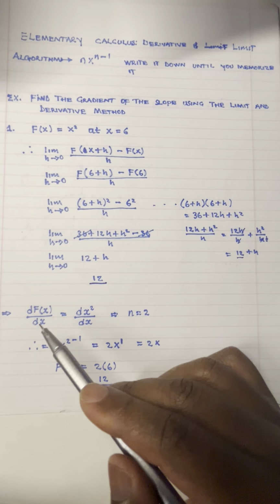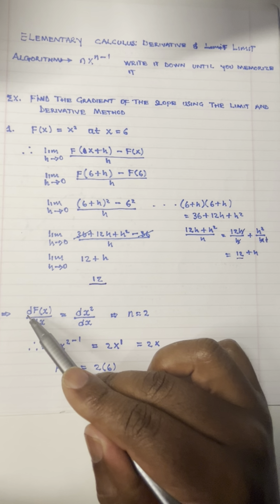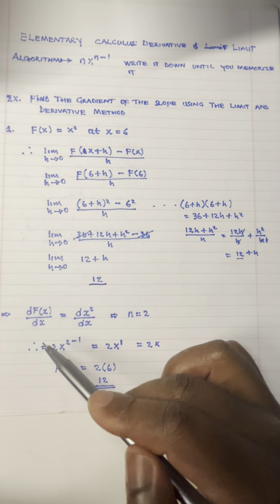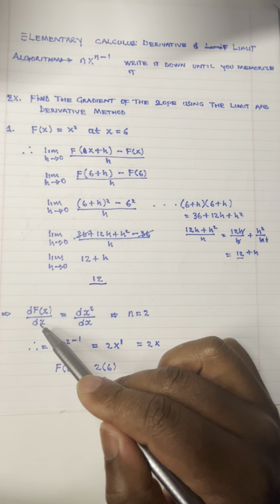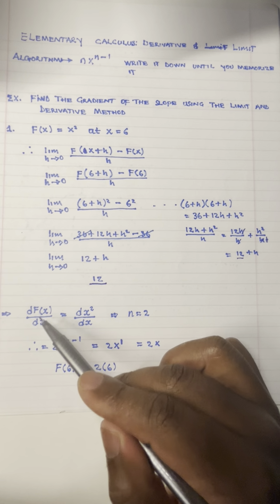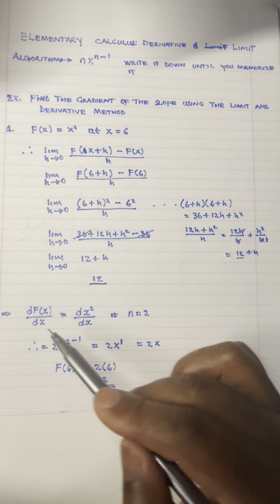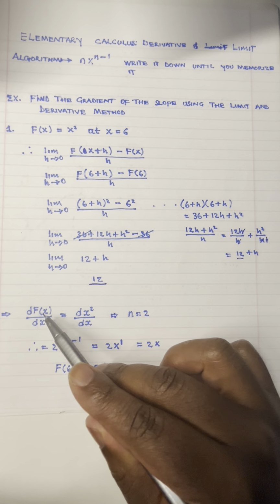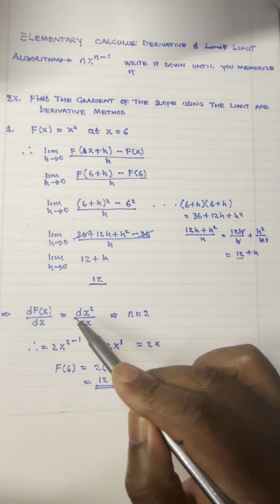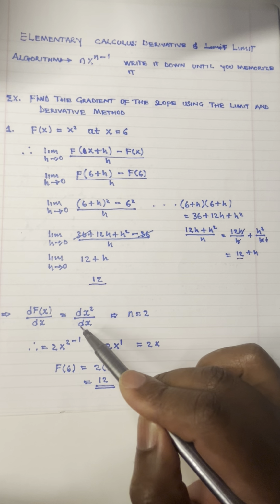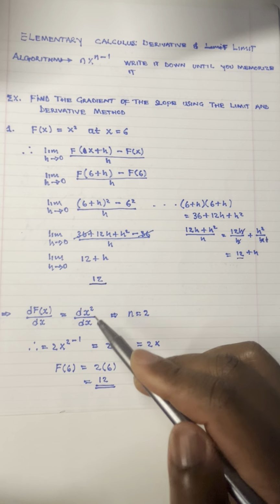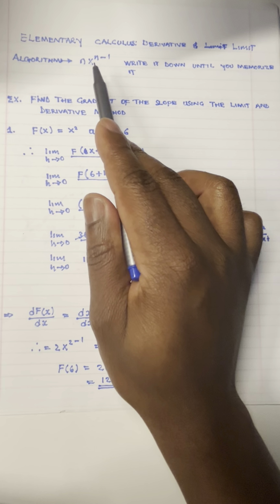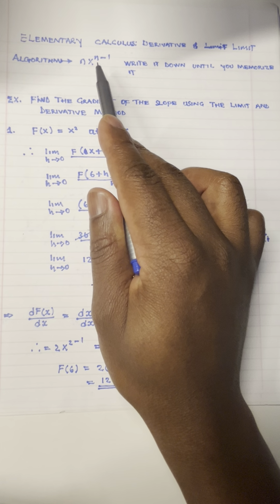So we're saying, okay, taking the derivative of f of x with respect to x, where f of x equals x squared, so it's the derivative of x squared over dx. Now I showed you this algorithm over there.